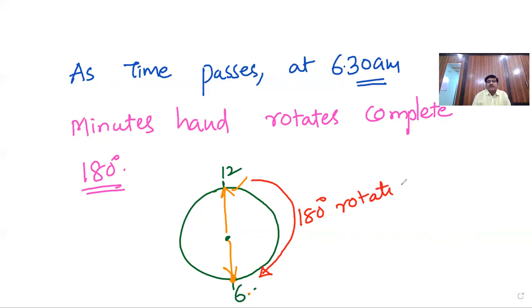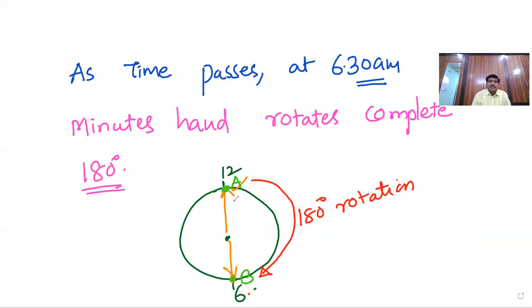Now, we need to find out the average velocity. What is average velocity? Total displacement by total time. Initially, minute hand is, let us say, at A. Finally, minute hand is at B. So, what is the total degree of rotation? 180.